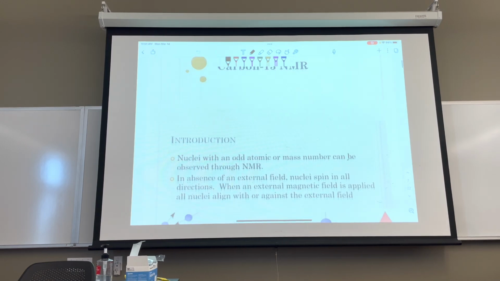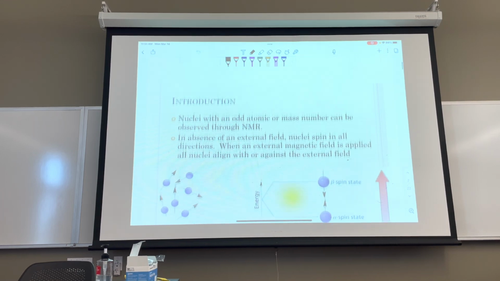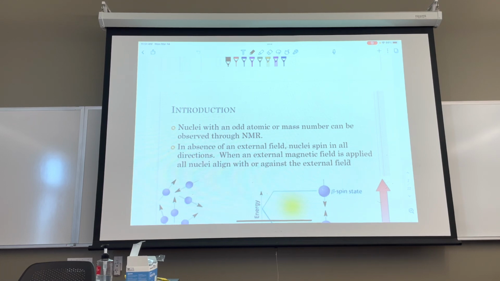Okay, so a lot of the stuff that you learned for proton NMR can be directly applied to C-13. The fundamentals are the same, all right? So when we talk about nuclear magnetic resonance, remember, only certain nuclei are NMR active.